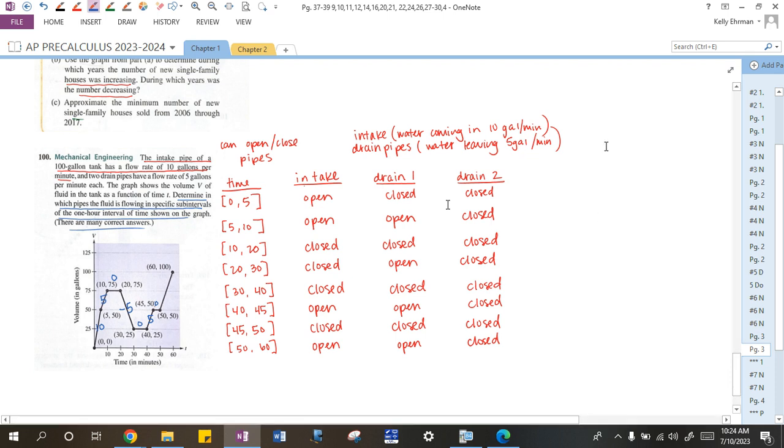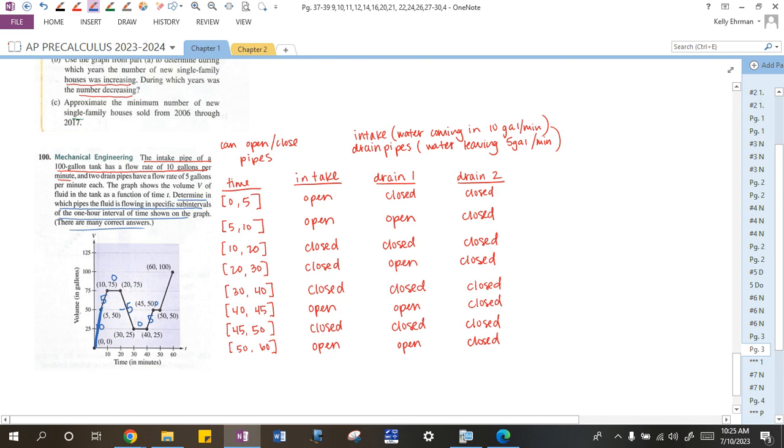So let's just look at a couple of these. From 0 to 5, which is this first section right here, I figured out the slope just by looking at rise over run. So that slope there, we're going up 50 over 5, that's a slope of 10.